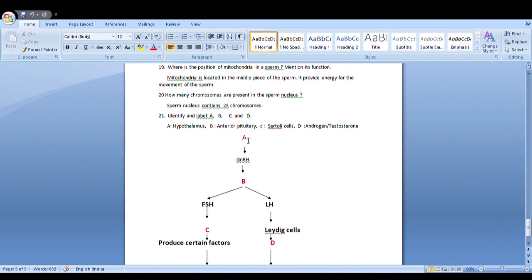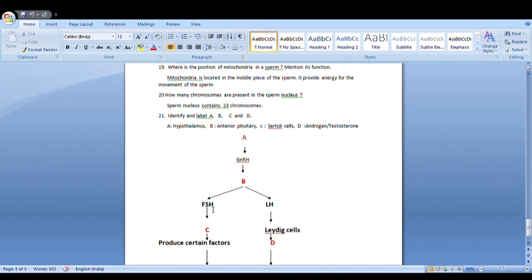We can see from A, GnRH is released. The gonadotropin releasing hormone is secreted from A. Hence A is the hypothalamus. Then GnRH reaches anterior pituitary. So B is anterior pituitary lobe. From the anterior pituitary lobe, FSH and LH are secreted.